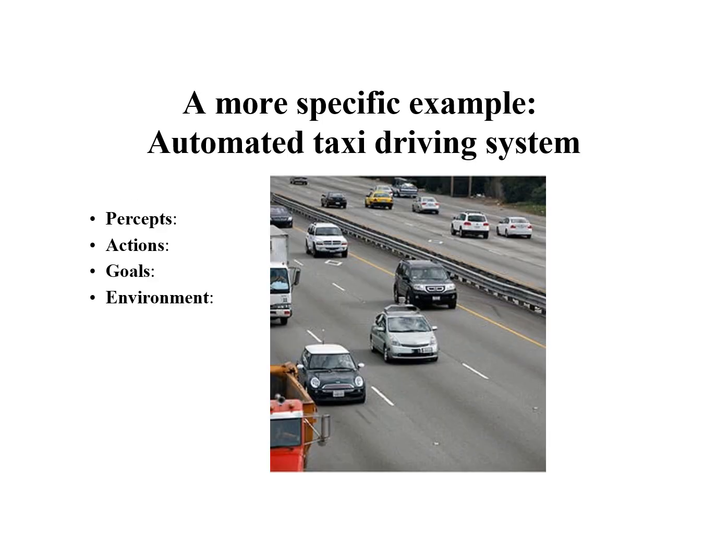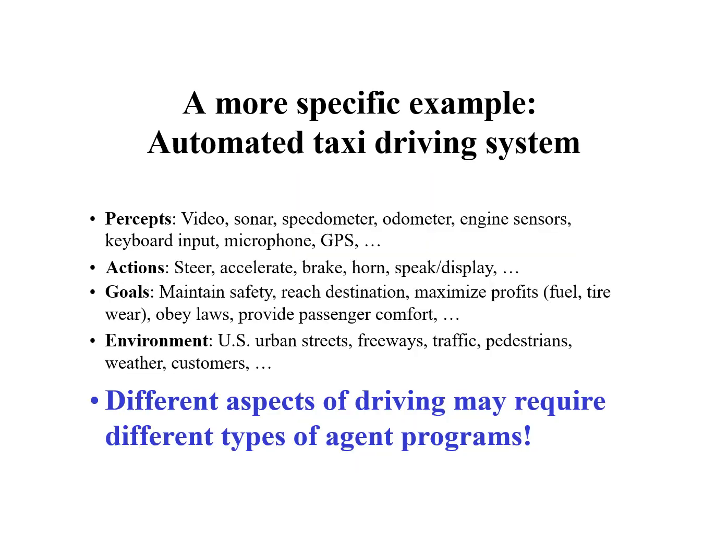Here, an example is given for an intelligent agent, that is an automated taxi driving system. Here we will have percepts, actions, goals, environment, etc. Percepts include video, sonar, speedometer, odometer, engine sensors, keyboard input, microphones, GPS.